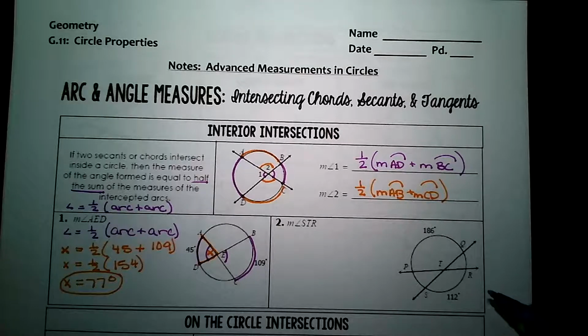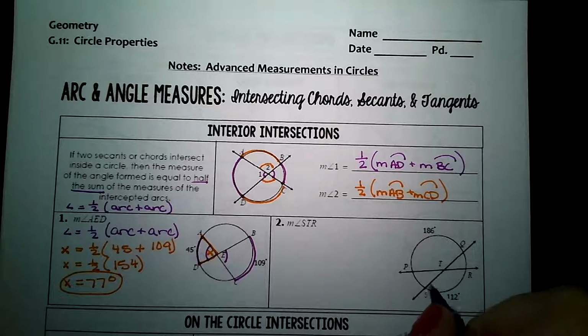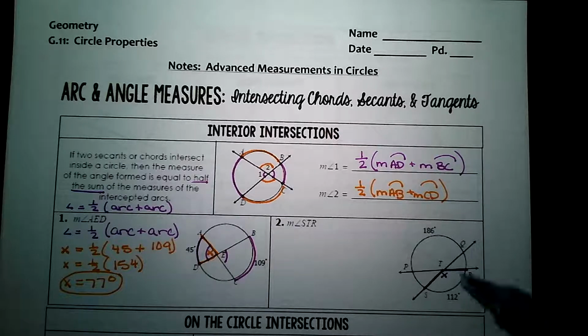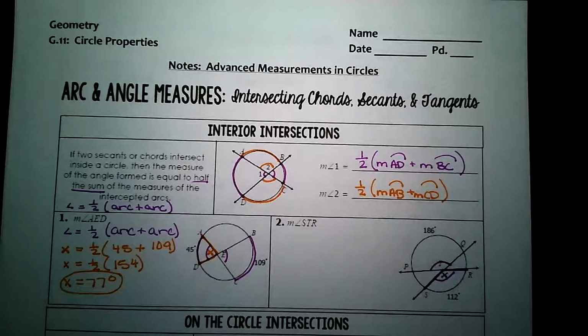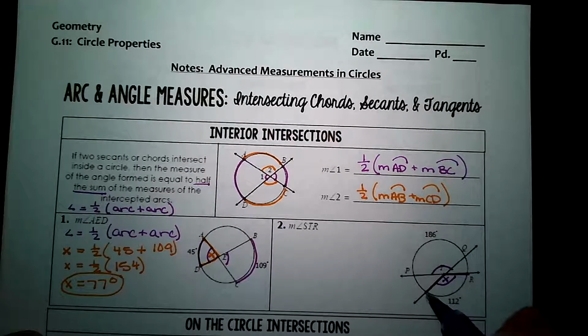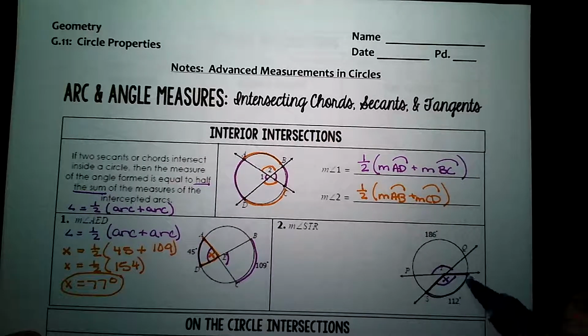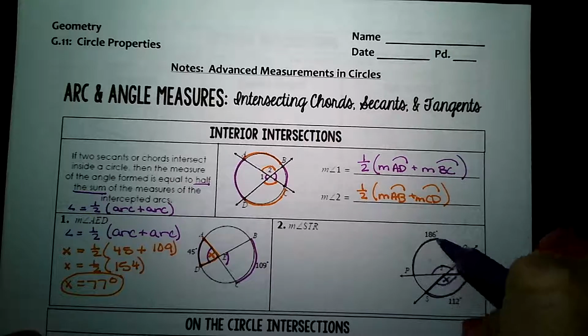All right, let's try a new example. We're looking for angle STR. Put an X there. Okay, it also has a vertical angle in our picture, of course. So it creates two arcs. It creates arcs SR and arc PQ.